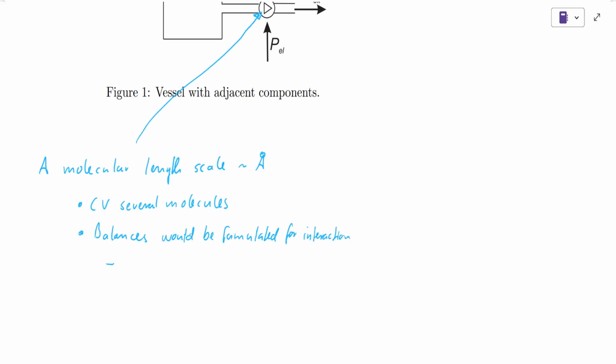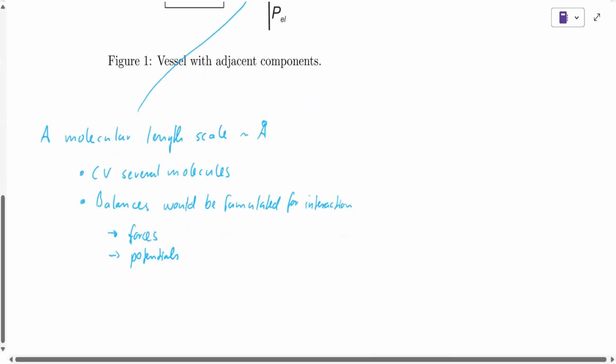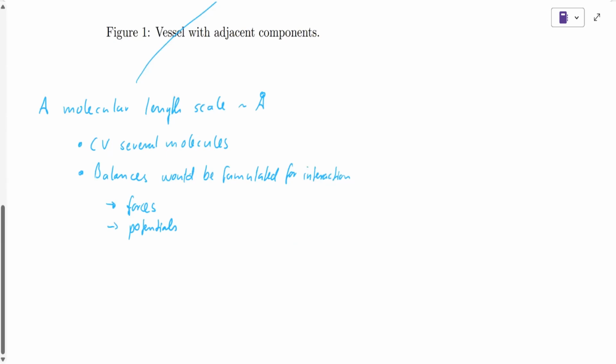So the balances should be formulated for the forces or force potentials, and that for each molecule. Okay, so that's a completely different approach than we are usually using. Usually, this approach or this length scale is chosen by physicists.